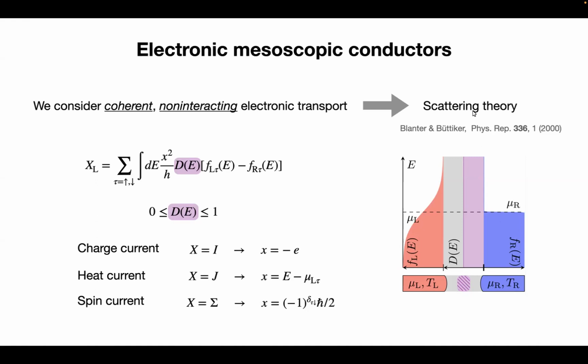In this kind of situation, the currents in the system are given by these simple formulas, where you have the difference of the Fermi functions determined in the transport window, and the transmission probability, which is a number between 0 and 1. And this little x here is just a shorthand notation to describe simultaneously three different transport properties: the charge, the heat current, and also the spin current, where you basically count the number of particles going from left to right with a different sign depending on their spin polarization.